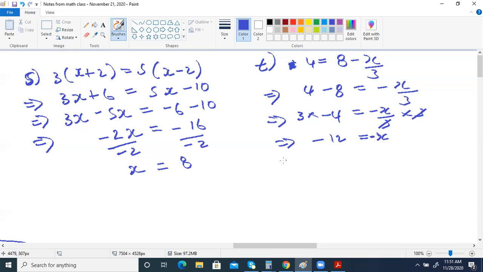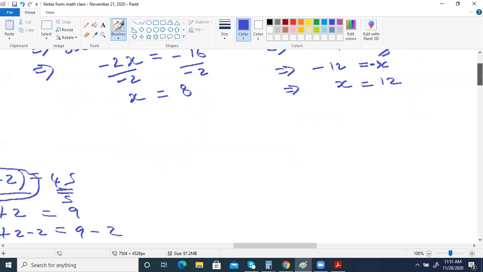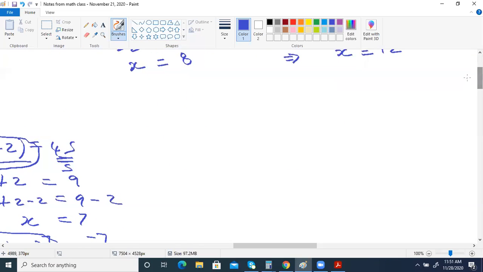If you multiply both sides by minus 1, you get 12 equals x, which is the same as x equals 12. So you have more than one way to skin the cat. As long as you use maths throughout, you're good to go.